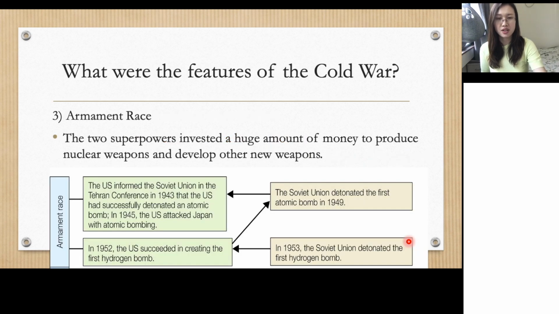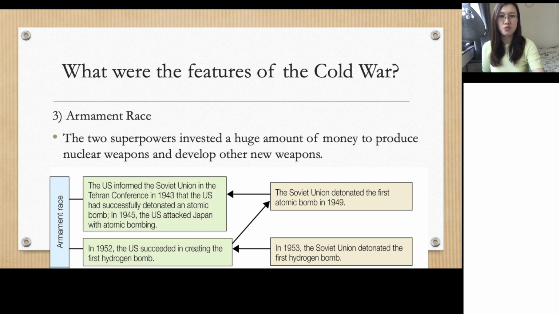Next, the armament race. The two superpowers invested a huge amount of money to produce nuclear weapons and develop other new weapons. So there was competition in conventional weapons as well as nuclear weapons. Each side wanted more weapons and newer technology than the other.